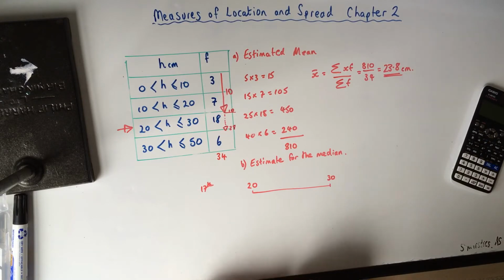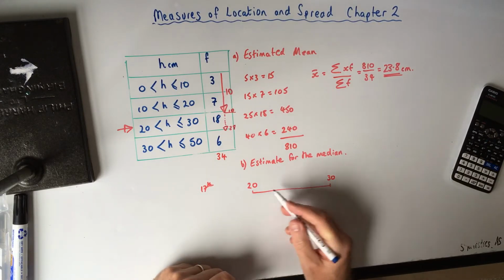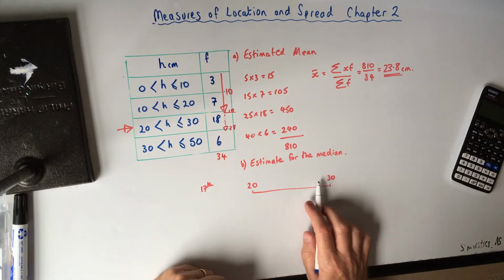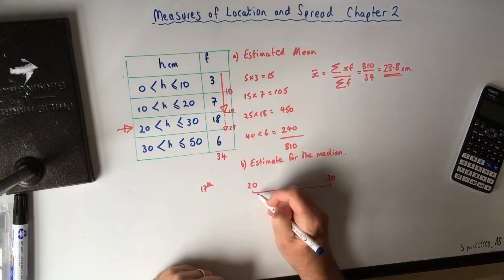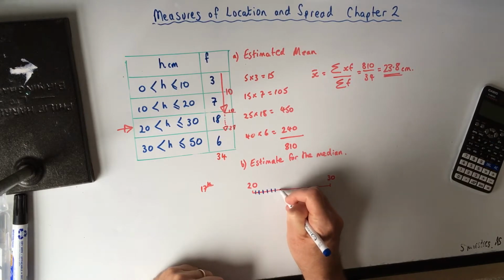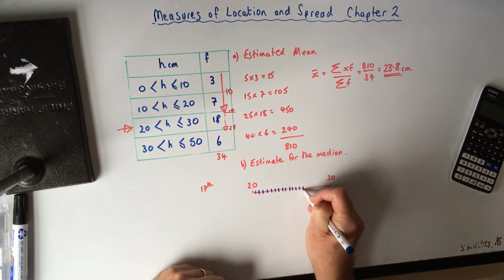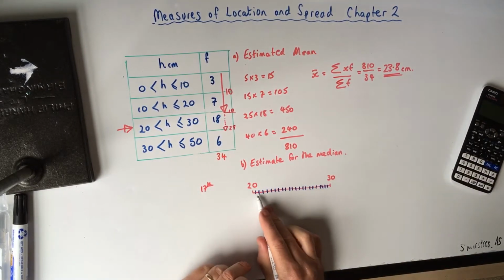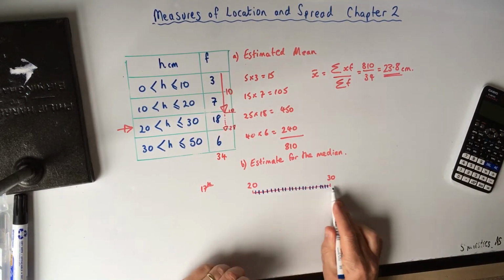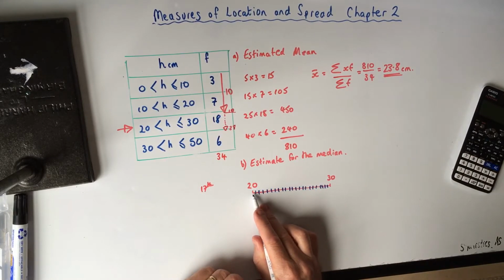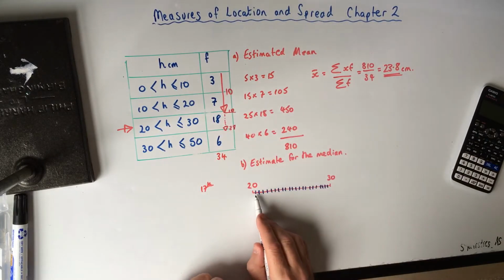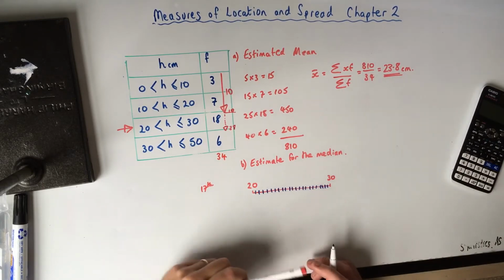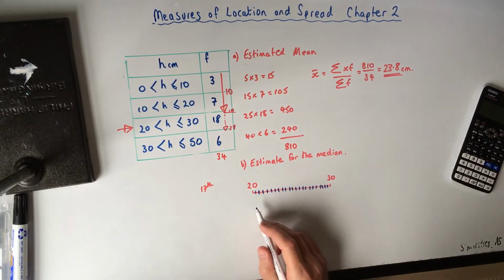The assumption we make is that these 18 pea plants are all divided equally in this group. In other words, if we divide this group up into 18 equal parts, that's the 10th, the 11th, the 12th, the 13th, the 14th, and so on.